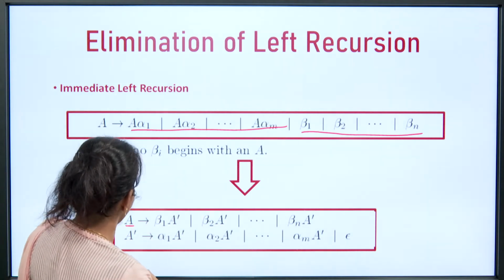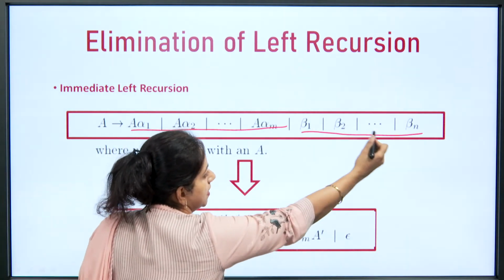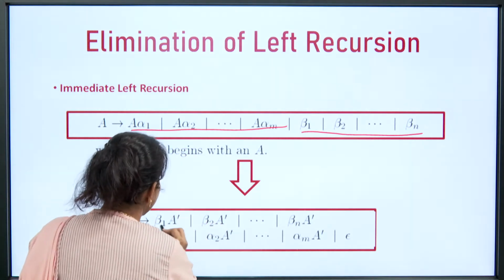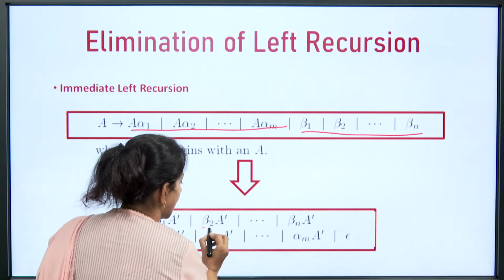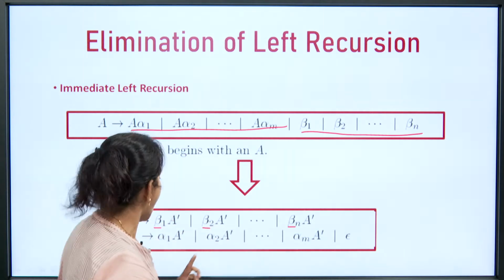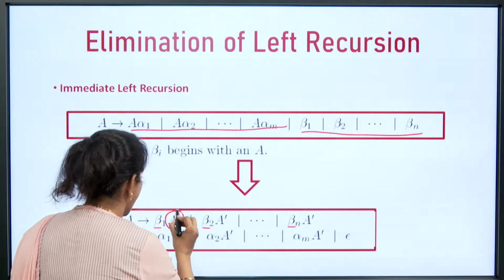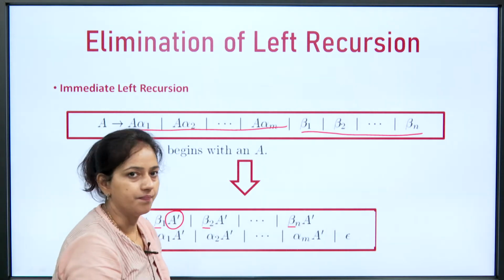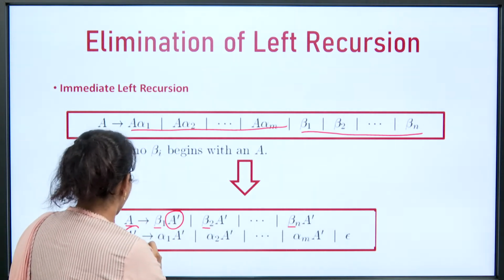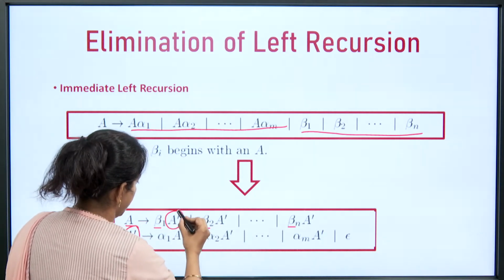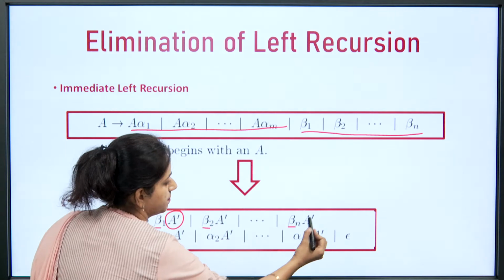This is capital A. We write all these alternates, beta 1, beta 2 up to beta n. After every alternate, we concatenate a new non-terminal A prime, so beta 1 A prime, beta 2 A prime, and so on.